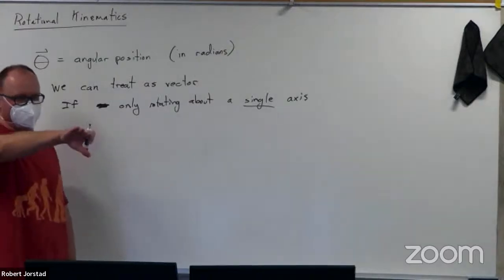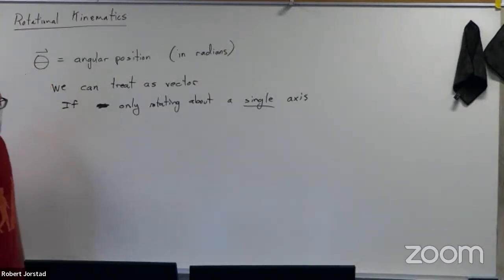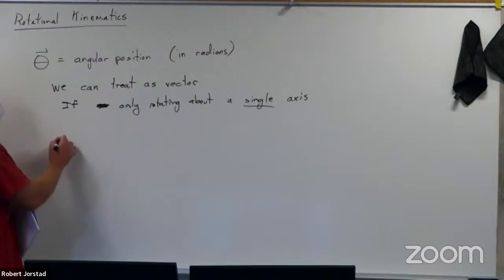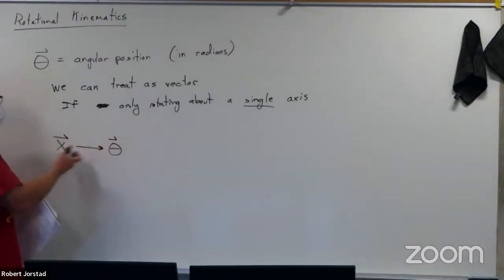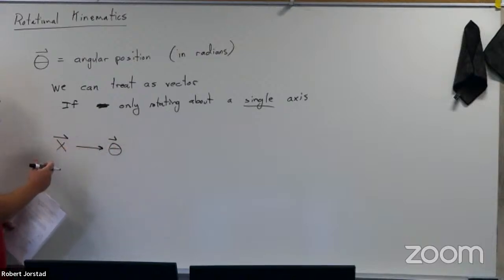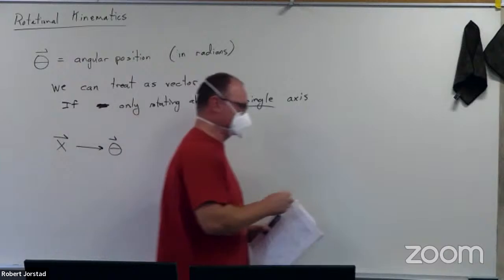Because you'd probably go into that in your classes a little bit, right? Yeah, you got to be careful. So like before we had an x vector, and a lot of people say x goes to theta. We'll talk about this analogy in another chapter after we learn about torque and angular momentum. But for now, it's not a perfect analogy to say thetas can be treated as vectors.